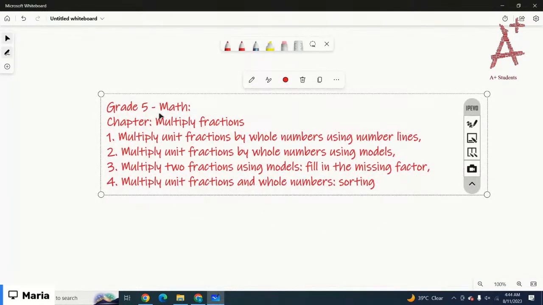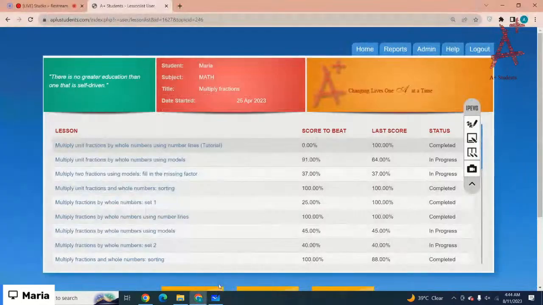The lessons we have covered today are multiply unit fractions by whole numbers using number lines, multiply unit fractions by whole numbers using models, multiply two fractions using model, fill in the missing factor, and multiply unit fractions and whole numbers sorting.